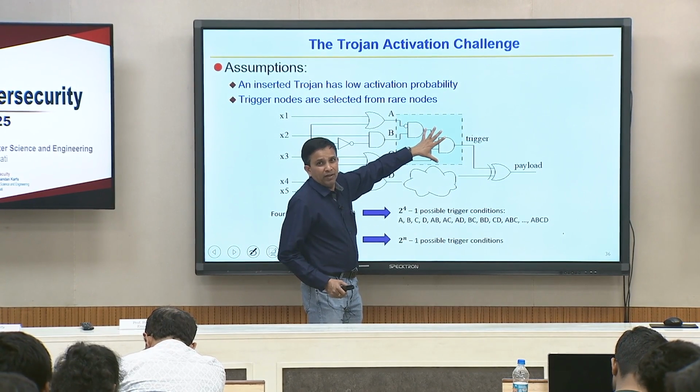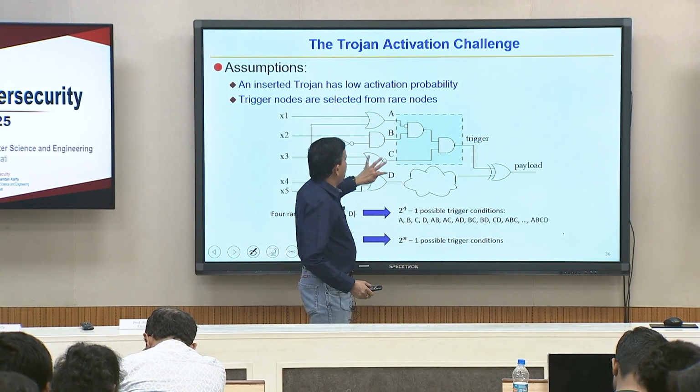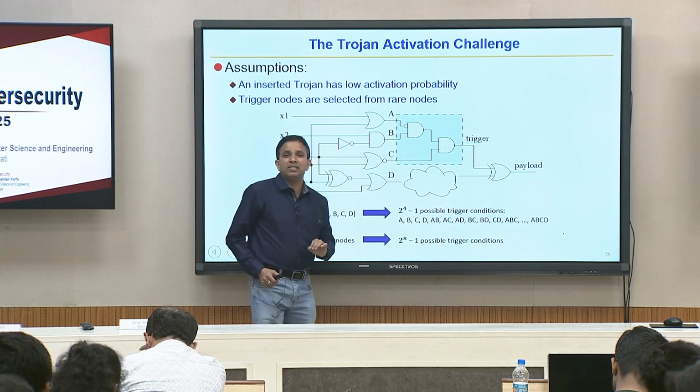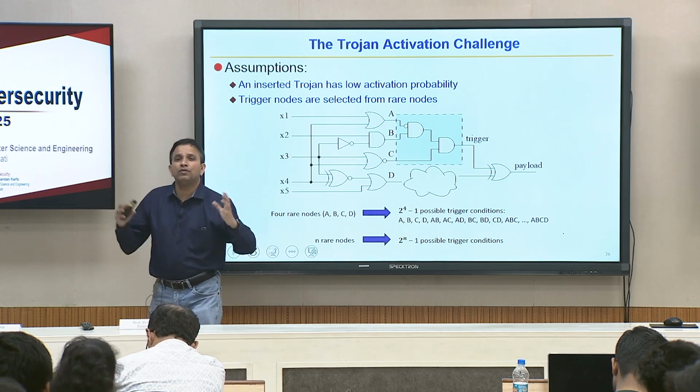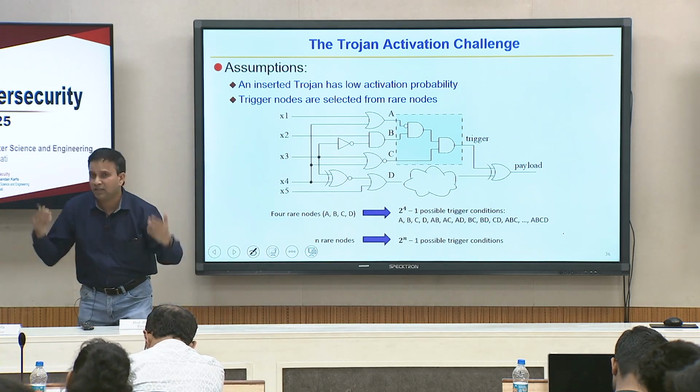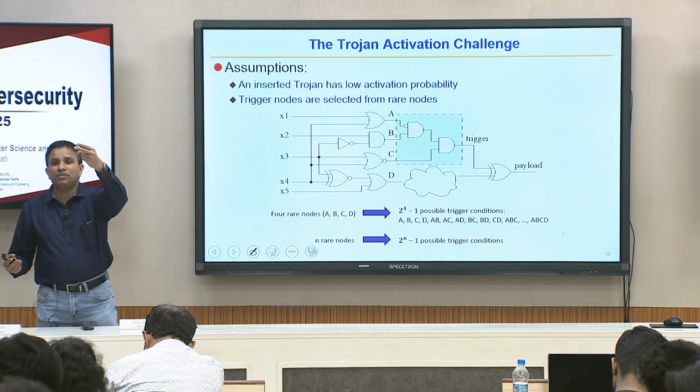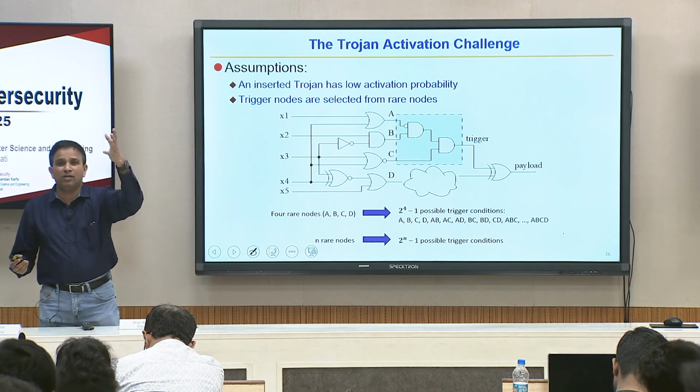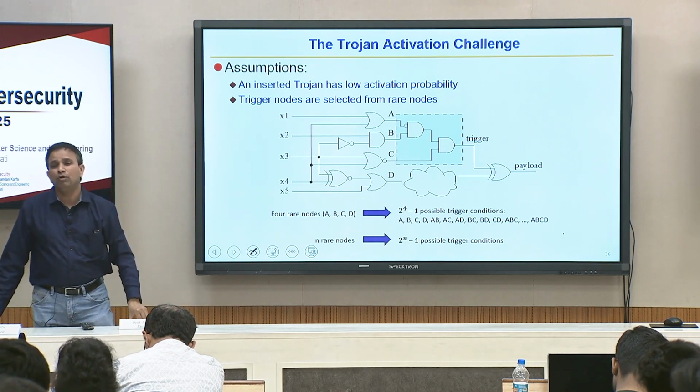All you know is that your design has 4 rare signals A, B, C, D. So, you have to consider all scenarios, because the attacker will never tell you I created a trigger of size 2 or size 3.